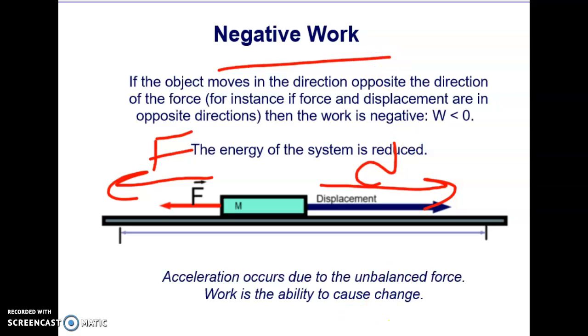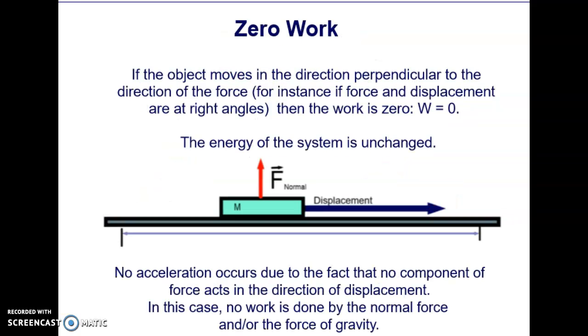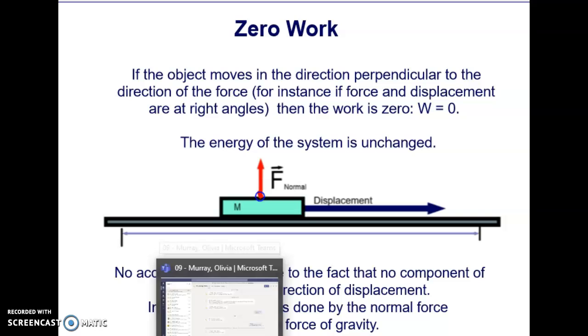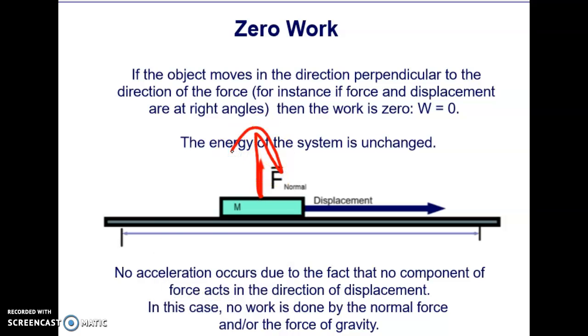And quite simply, the last situation that we could look at would be if the force is in a completely different direction than the motion right there, not even parallel, we're going to have zero work done right there. Another way that we could have zero work done is if there's no displacement occurring, like I said before.